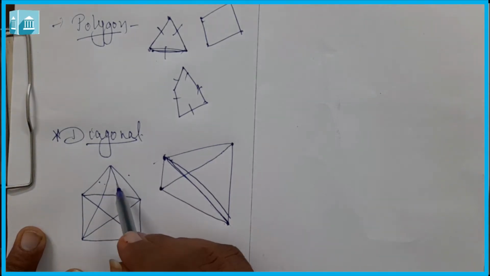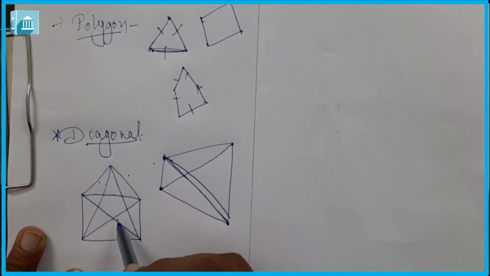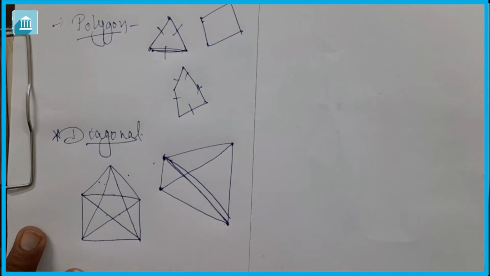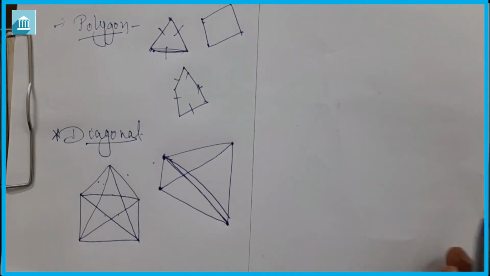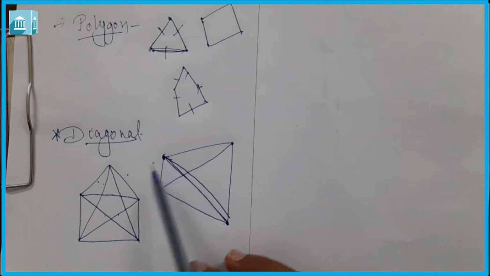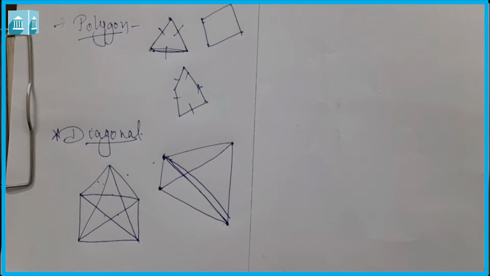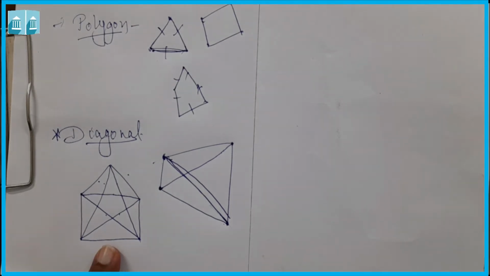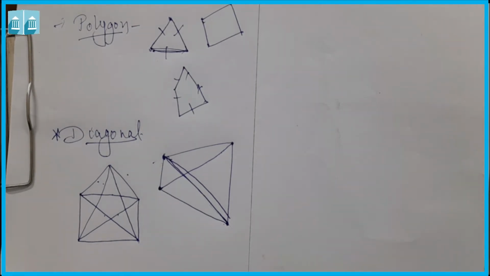So the diagonals are 1, 2, 3, 4, 5. The number of diagonals is 5 here. So it depends on the number of sides. Here we have to learn that a diagonal is the line segment which connects 2 opposite vertices.